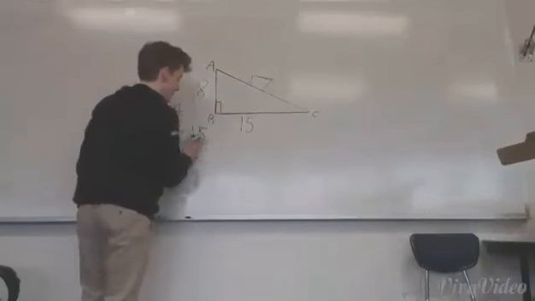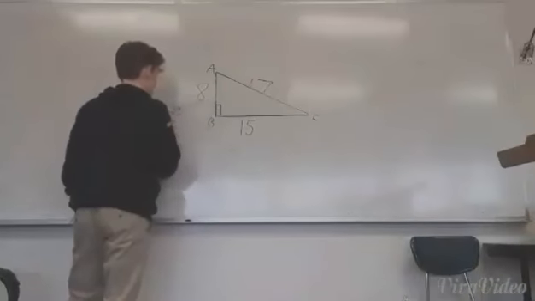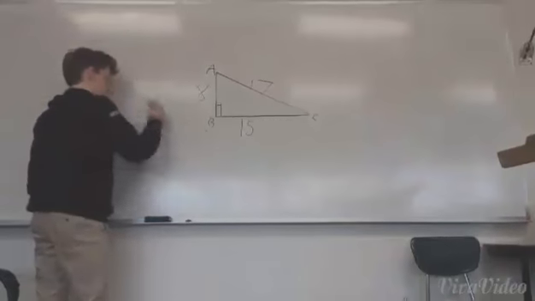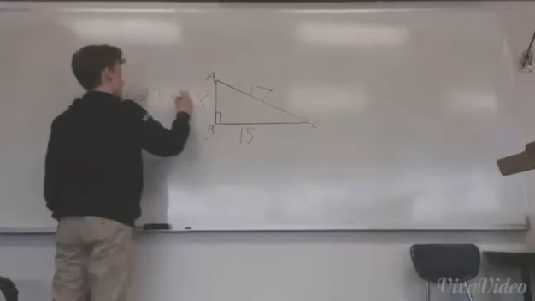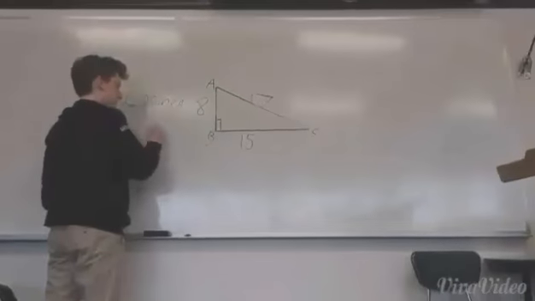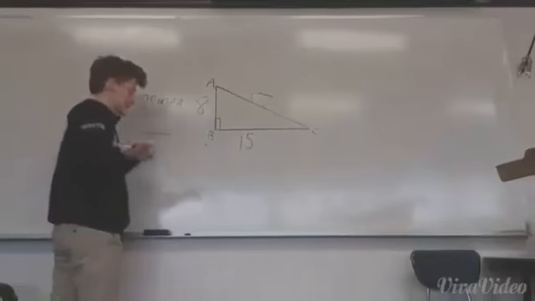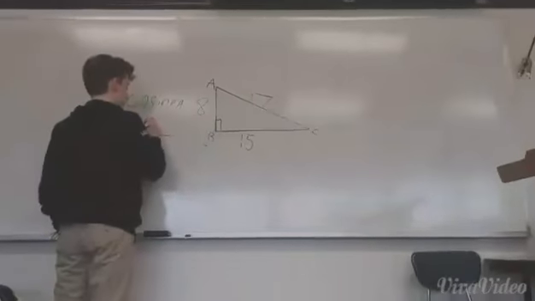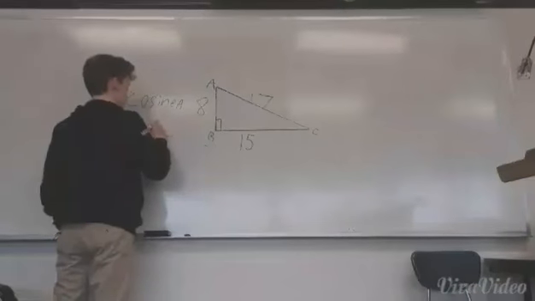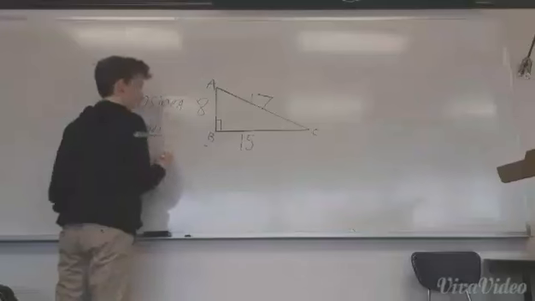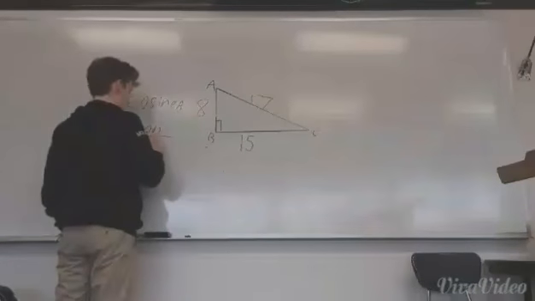Alright, so we're going to move on to the cosine of A. Cosine. Okay. So, cosine is usually, you guessed it, opposite, I lied there, adjacent over hypotenuse.